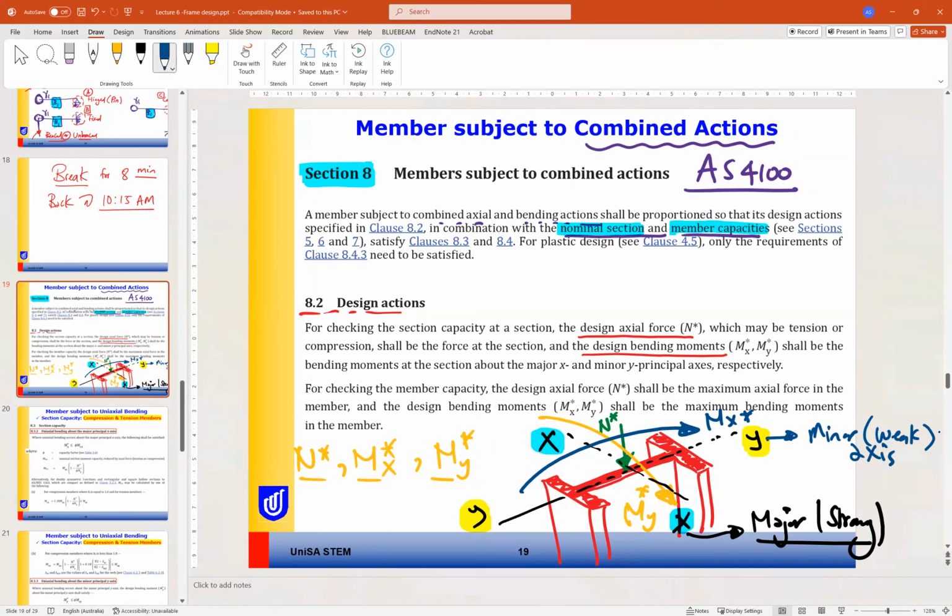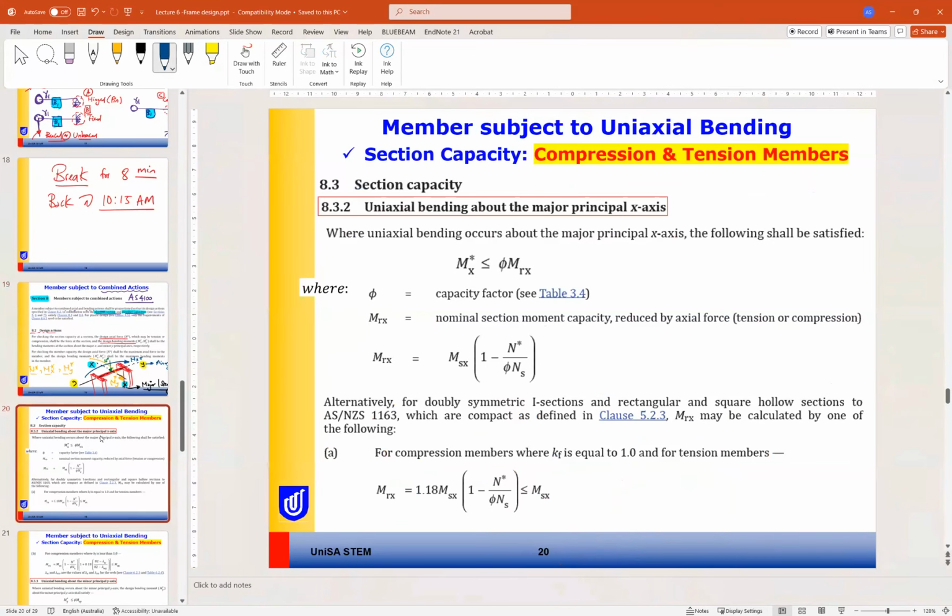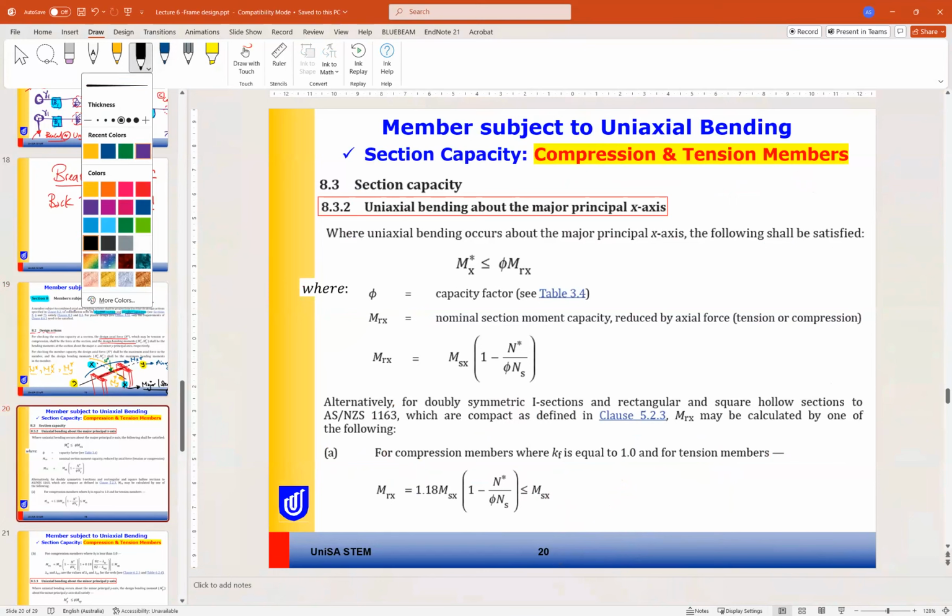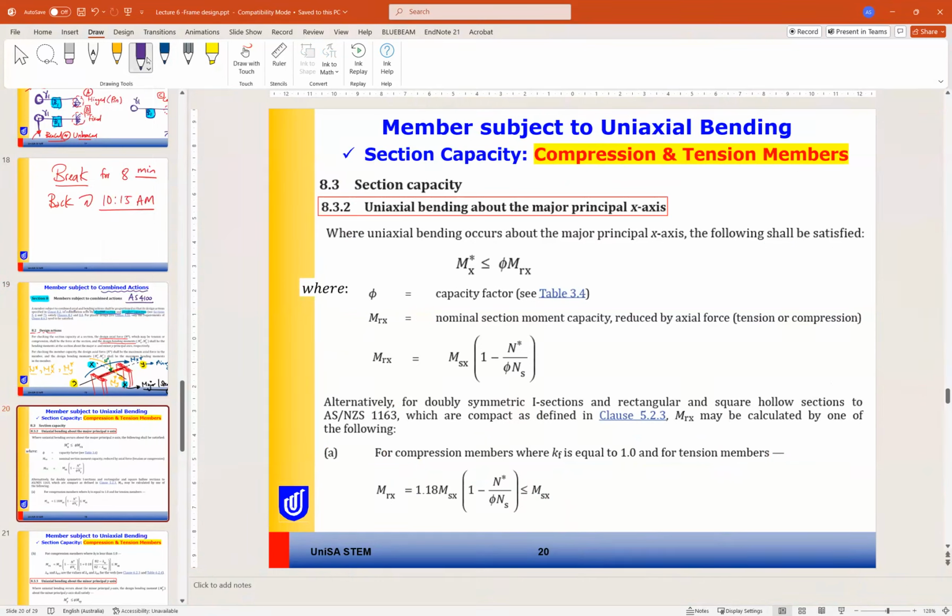So for each section, we have the x-axis as major axis and the y-axis as minor axis. And we can have moment about both axes or moment about one axis. So we have many cases, and that's why in this part we are covering the cases that we may have. The first one is members under uniaxial bending.